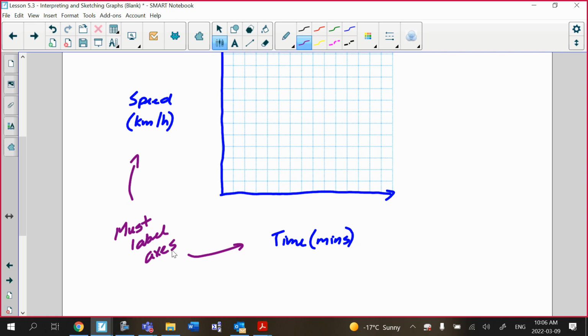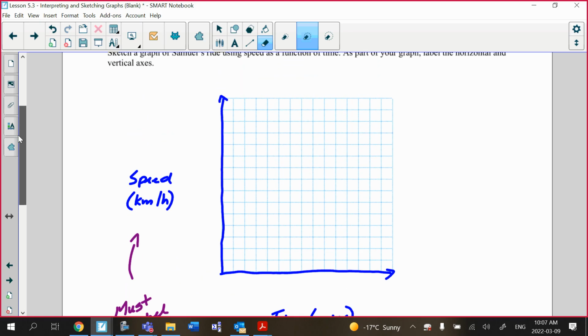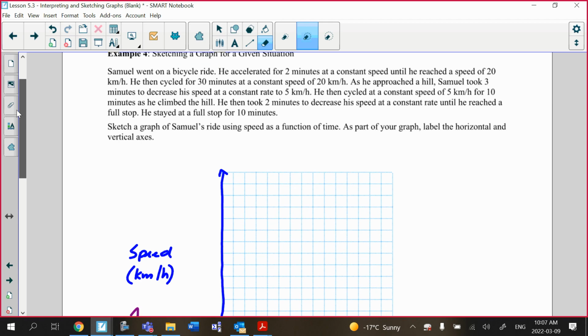But the next thing we have to do is figure out what the scale is. For speed, how do we figure out the speed? Well, what's the highest speed he reaches? 20, right? So our vertical axis has to start at 0 and go up to at least 20.